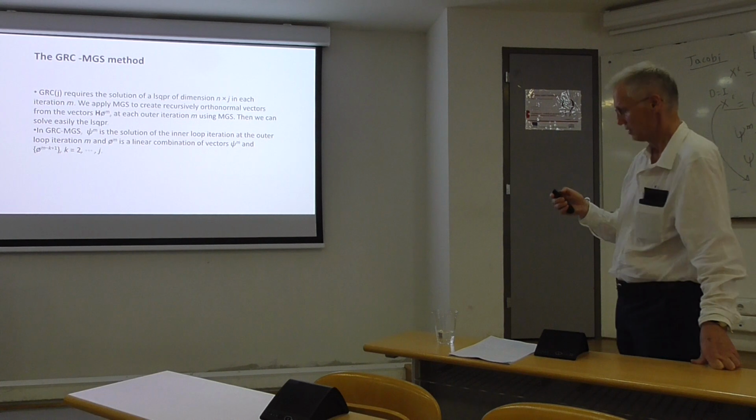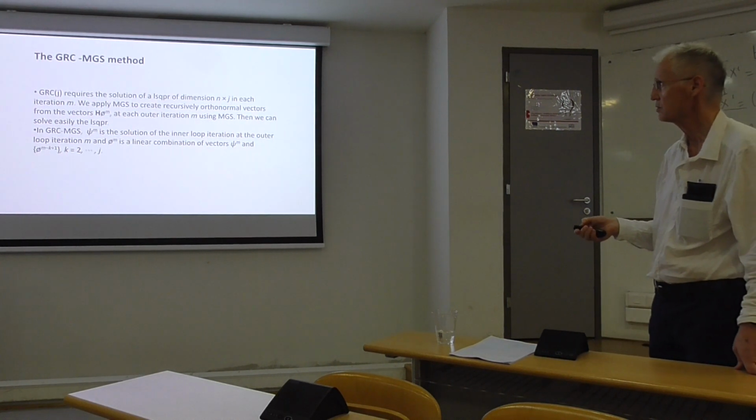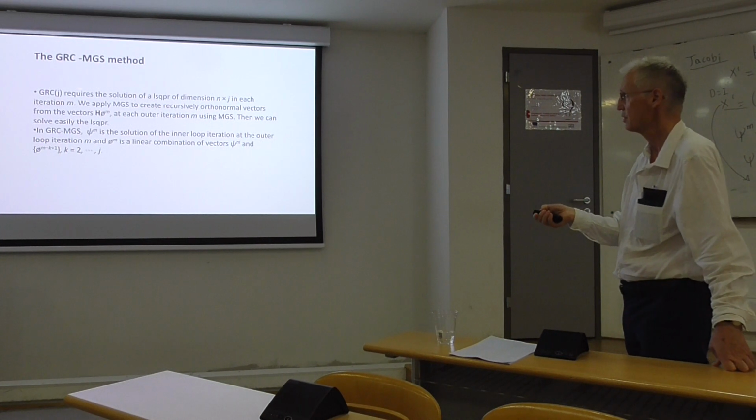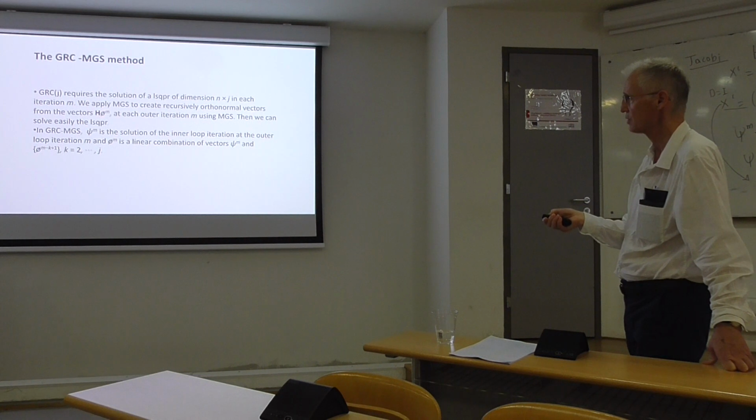So the generalized residual carrying method requires the solution of a least squares problem of dimension n by j in each iteration. We apply the modified Gram-Schmidt to create recursively orthonormal vectors from these vectors, h times phi m, at each outer iteration.